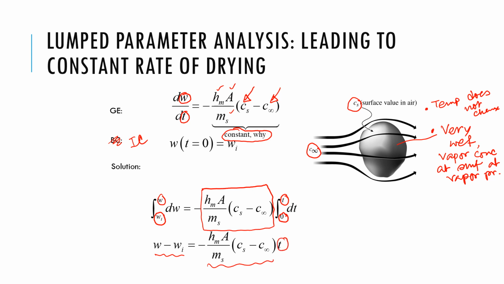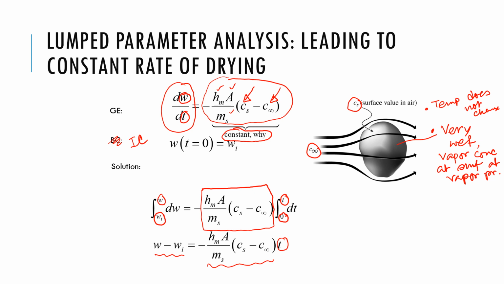And so the point is the rate of moisture loss dW/dt is a constant. This whole thing is a constant. And that's one of the things that we get from lumped parameter.